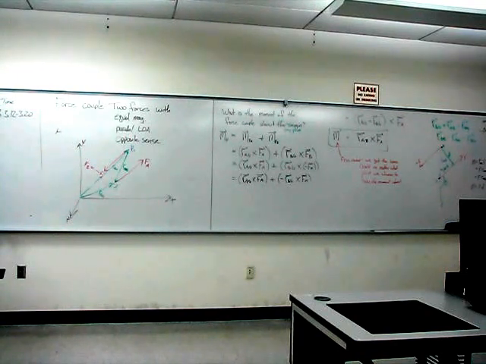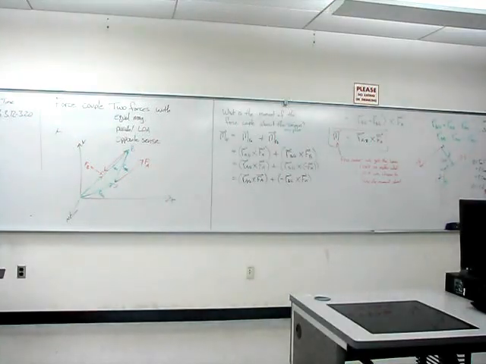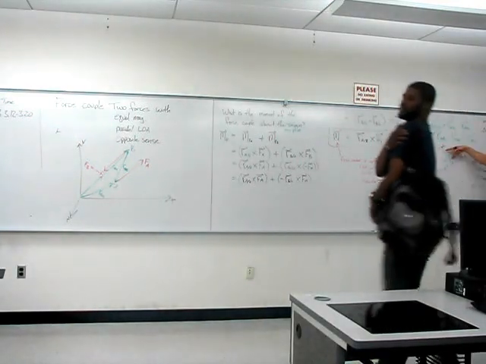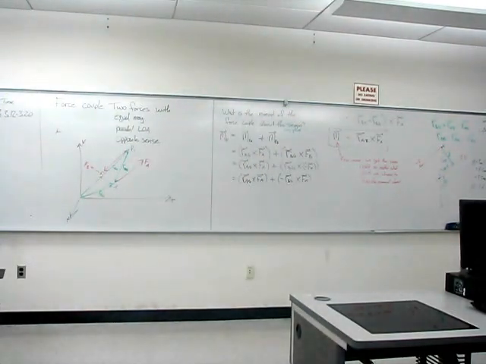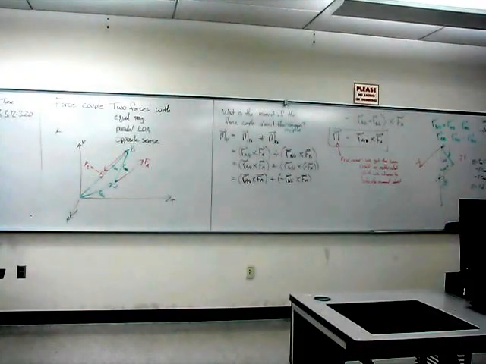Well, when it's a force couple, the magnitude of the moment is the magnitude of one of the forces that's a part of the couple times the perpendicular distance between their two lines of action. And how does that relate to what we saw before?